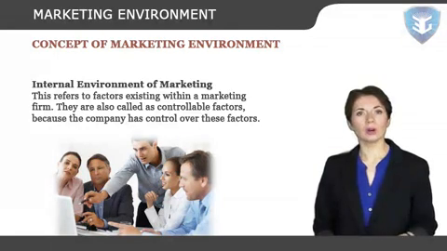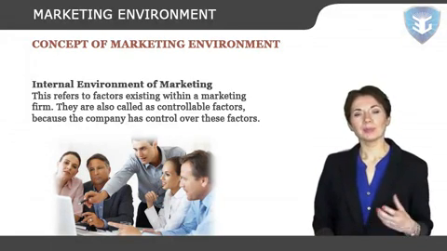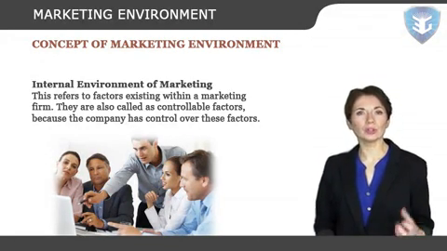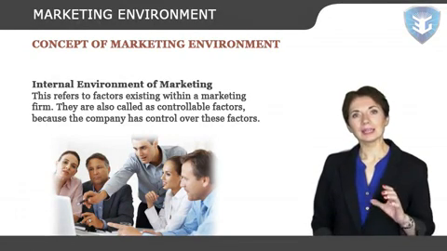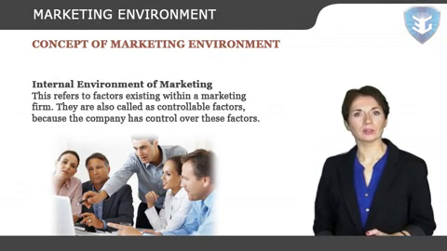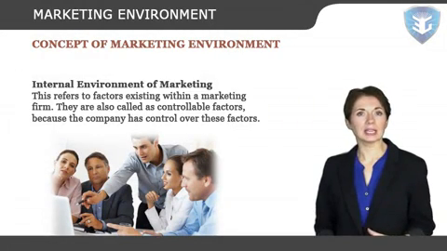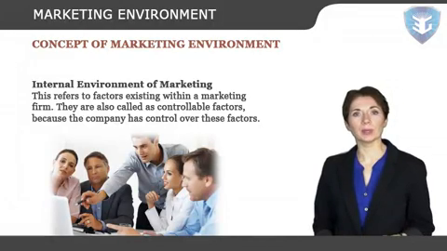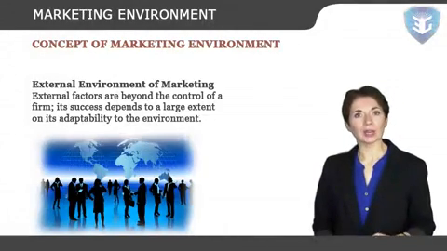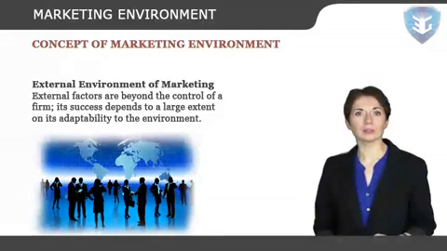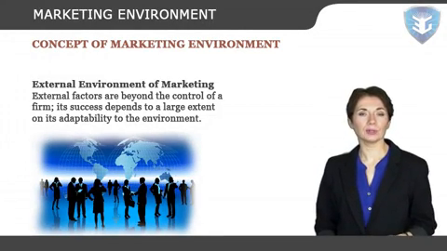They are also called controllable factors because the company has control over these factors. It can alter or modify factors such as its personnel, physical facilities, organization, and functional means, such as marketing mix, to suit the environment. External environment of marketing. External factors are beyond the control of a firm.